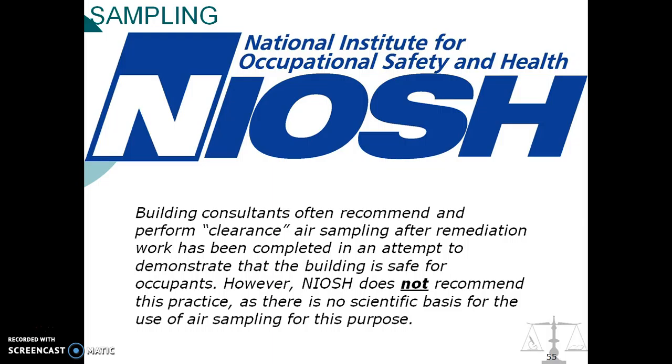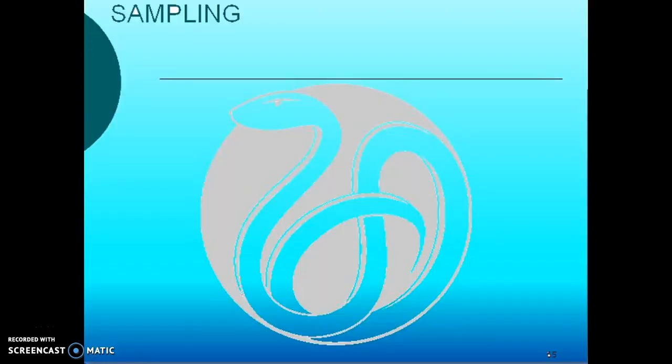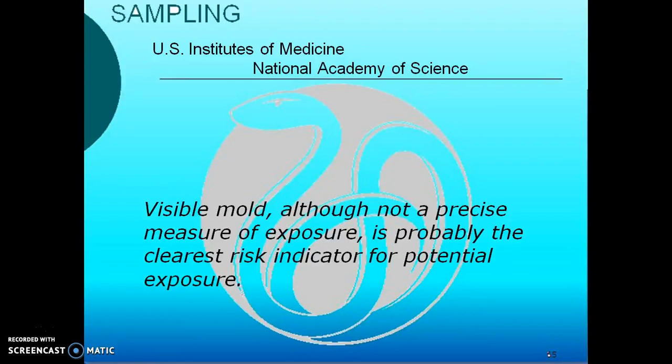Also, NIOSH says building consultants often recommend and perform clearance sampling for air sampling after remediation work, but it's not recommended because there is no scientific basis for the use of air sampling for this purpose. It is junk science. It is complete junk science.